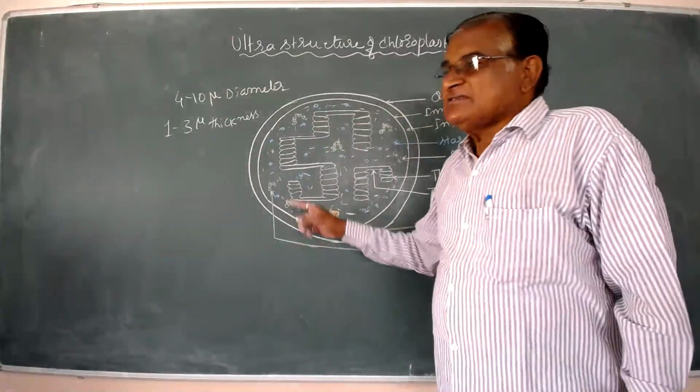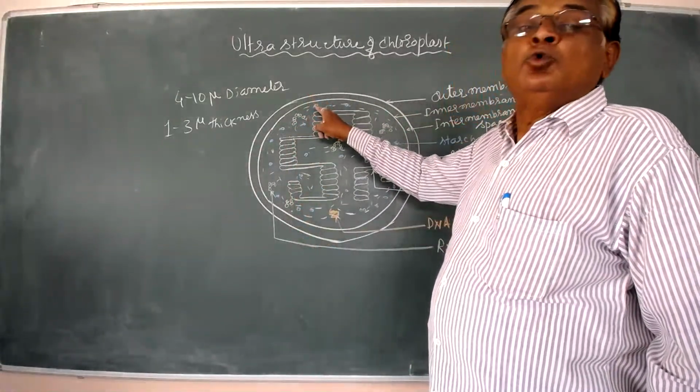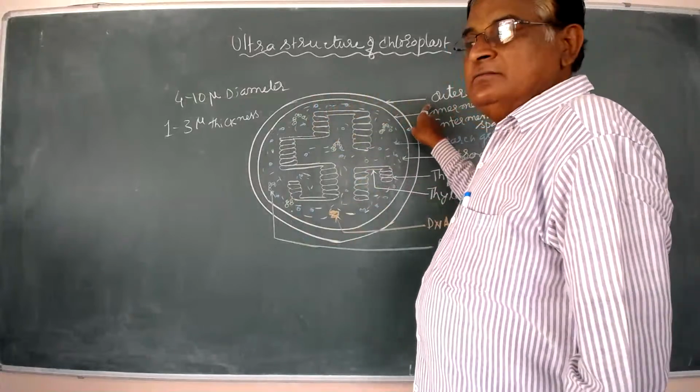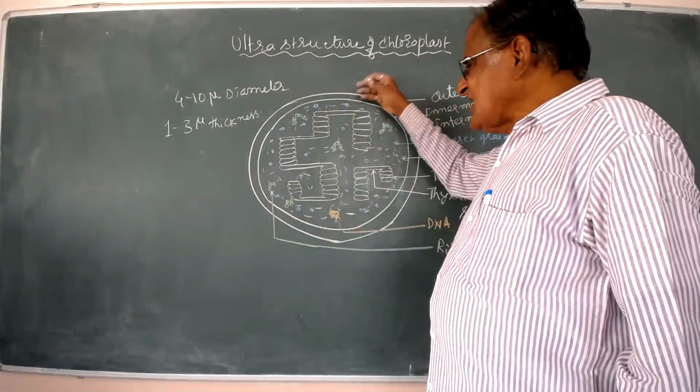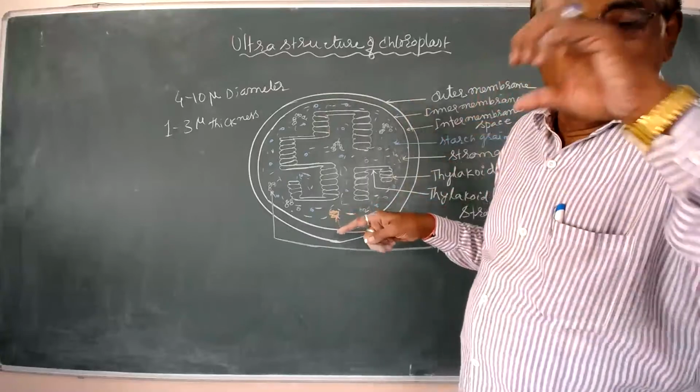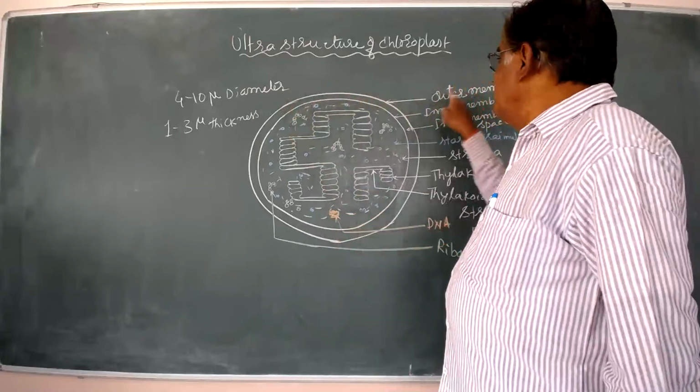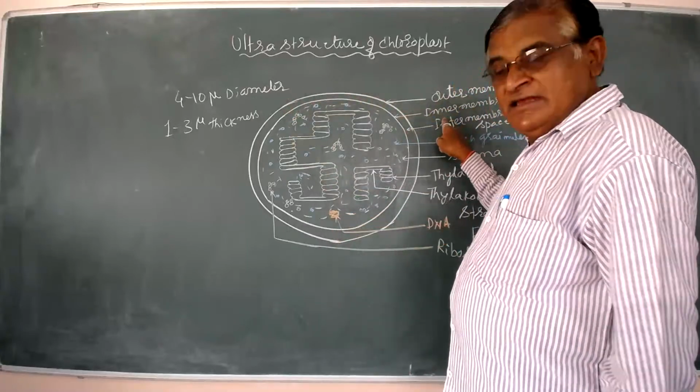The chloroplast has two membranes. The outer membrane, from the side view, is an elliptical or oval-shaped structure, and the next one is the inner membrane.